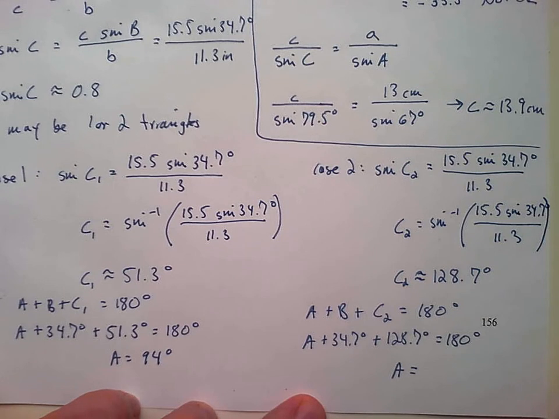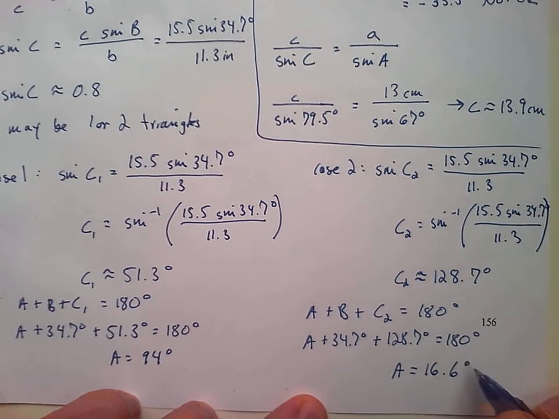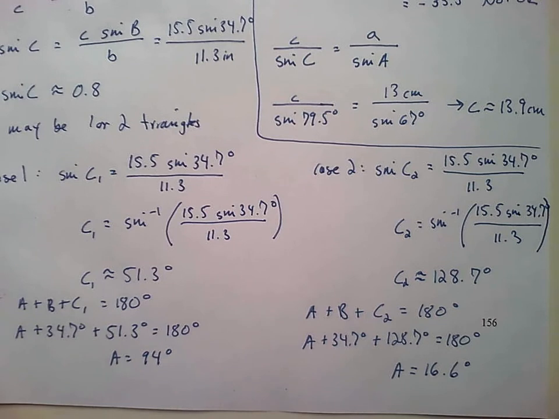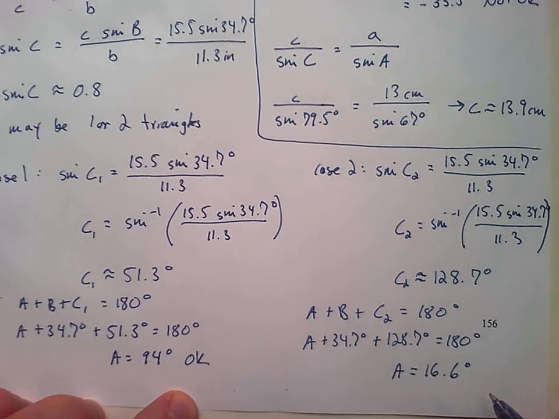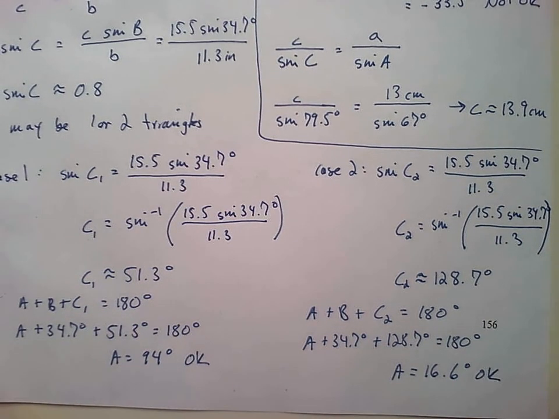If we solve for A, A is now going to be equal to 16.6 degrees. And again, 16.6 degrees is an okay angle to have in a triangle. So therefore, here we have two possible triangles that we can have.